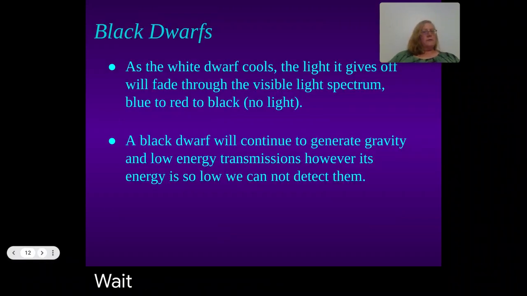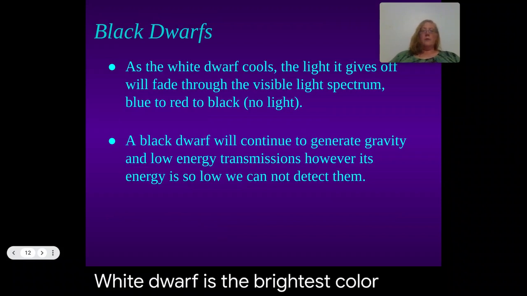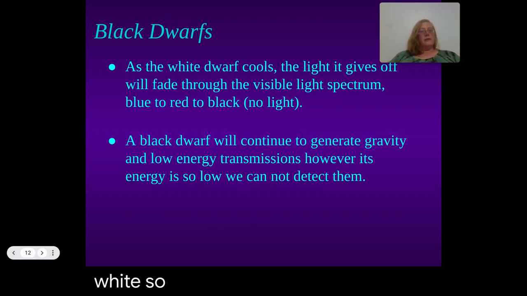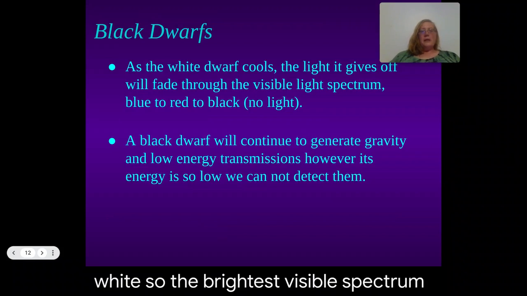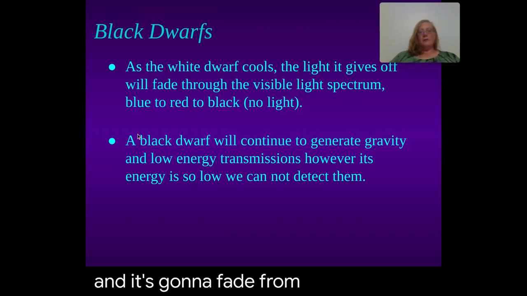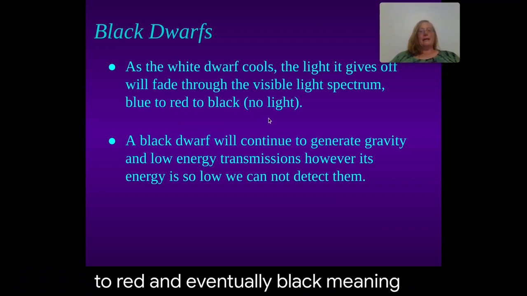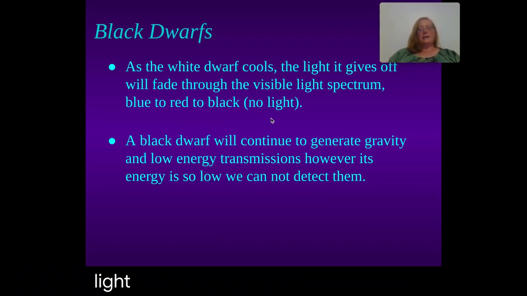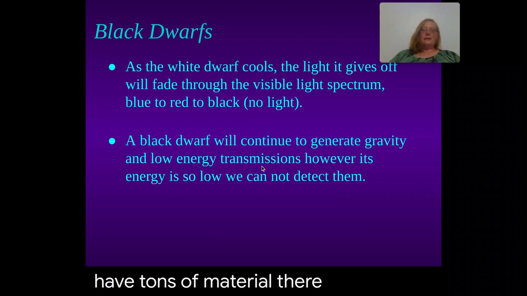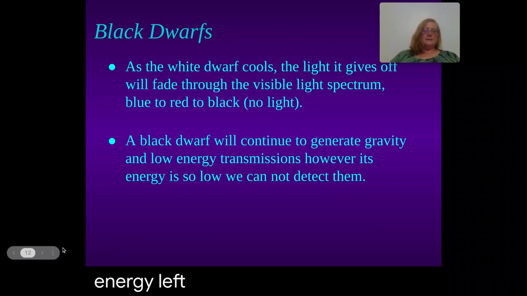Now the white dwarf is the brightest color, white. So it's the brightest visible spectrum, and it's going to fade from white to blue to red, and eventually black, meaning no light. And the black dwarf will still have gravity. It didn't go anywhere. We still have tons of material there. But we can't see it anymore because there's no energy left.